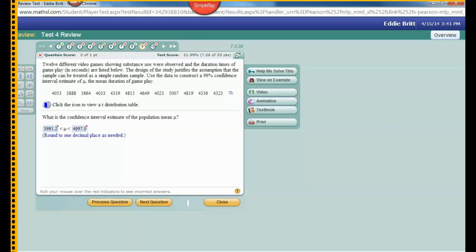All right, so this is a t-distribution. We weren't given any kind of sample values, the things that we would need for this to be a z-distribution.